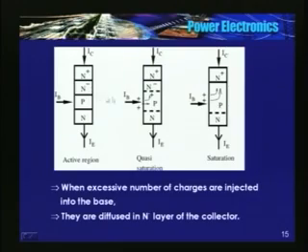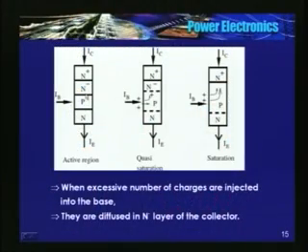So as IB increases, the thickness of the N minus layer decreases, see in this figure, because you are injecting a large number of charges into the base, and they get diffused into the N minus layer.